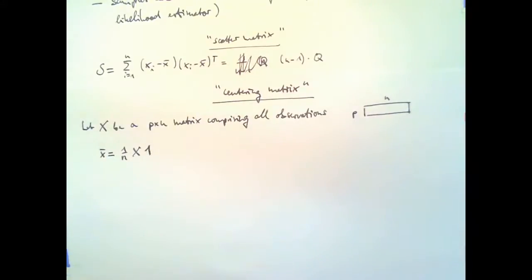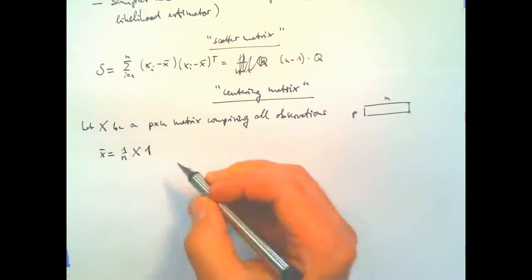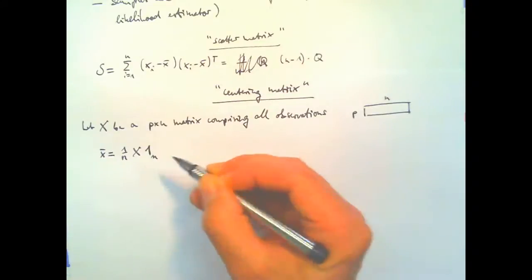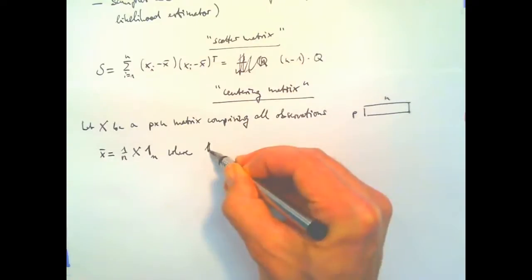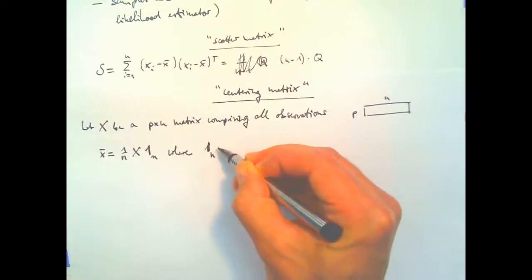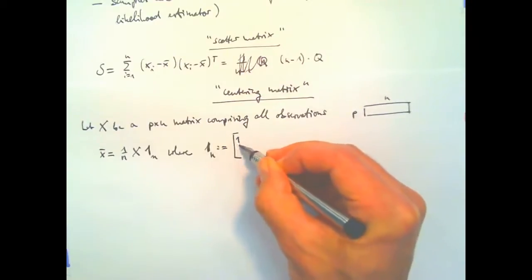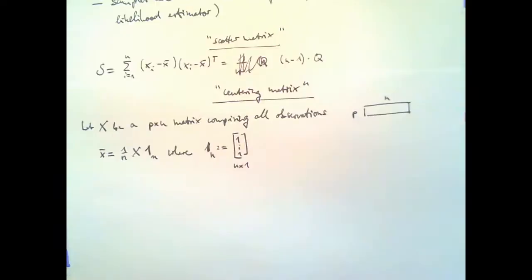But I don't have a computer, so you will have to figure out that this is a scalar 1 and this is a vector 1. Perhaps to help you, I could put a subscript here. And the definition of this bold 1 is that it's the vector of all 1s. So it's an n by 1 matrix of 1s.